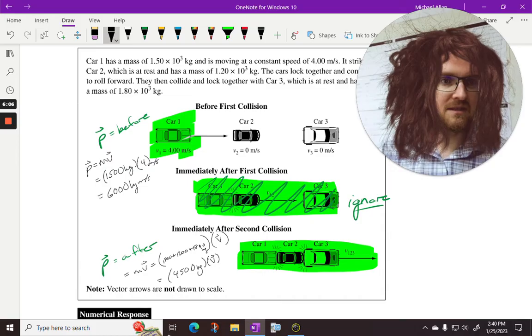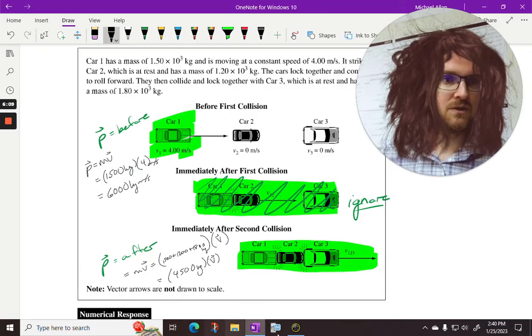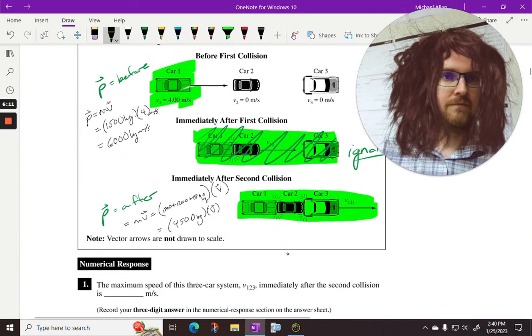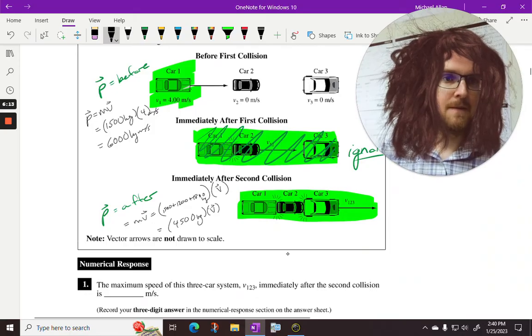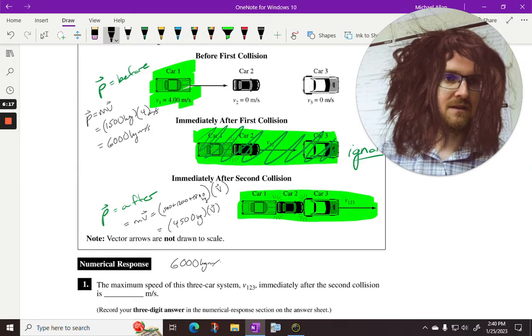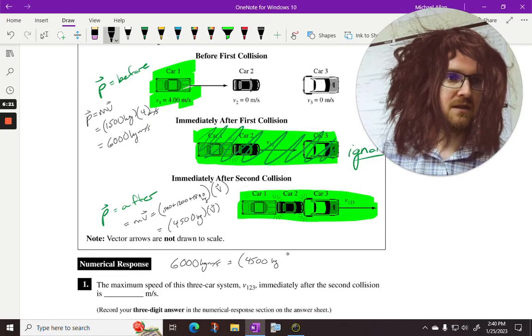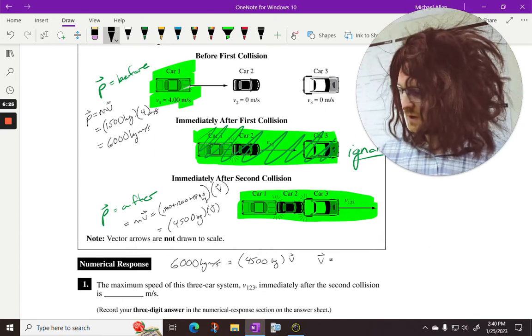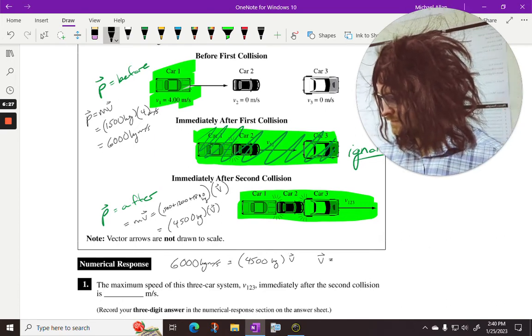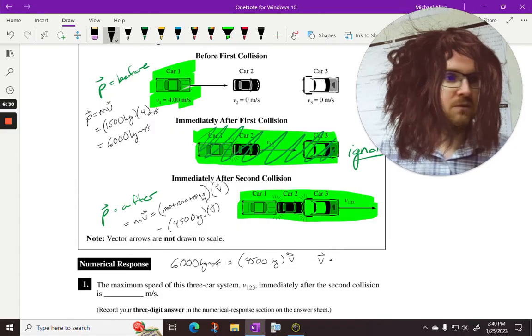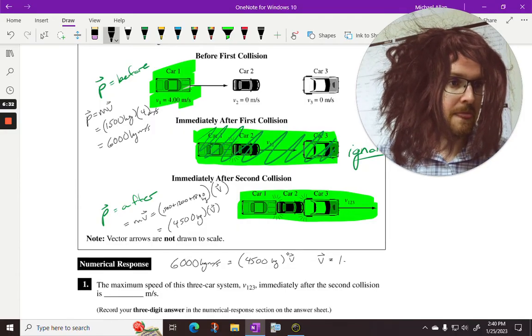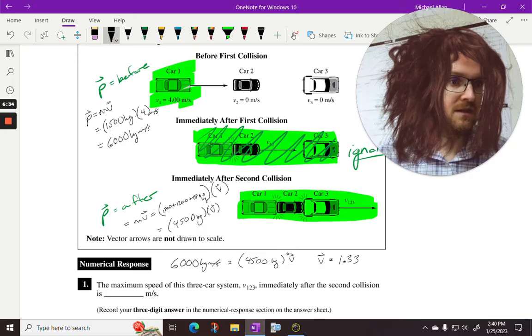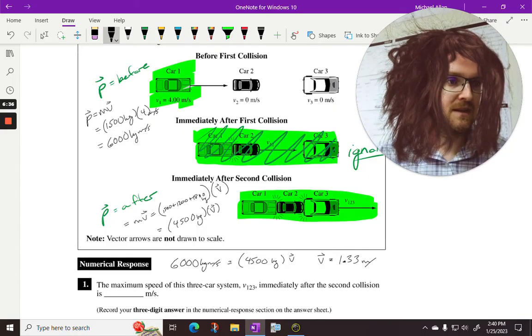And what we know about this is that this has to be equal to the 6,000 that's up here. Okay, so we know that this has to end up being 6,000 kilogram meters per second. We have the 4,500 kilograms here, and we're trying to find V. So if I divide over the 4,500, I do get the 1.3 repeating essentially, but 1.33 because we're looking for like 3 sig digs here, meters per second.